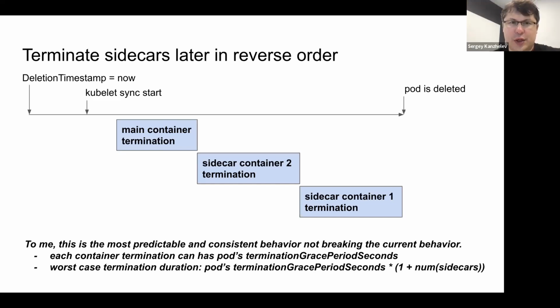I'm not suggesting to change that. Ideally it should be the same behavior, but we need to distribute it across sidecars and the main container somehow. So the only question is how we distribute it. In distributed systems, you'll always have some delays and inconsistencies in timestamps.